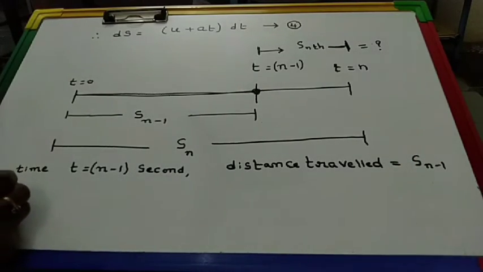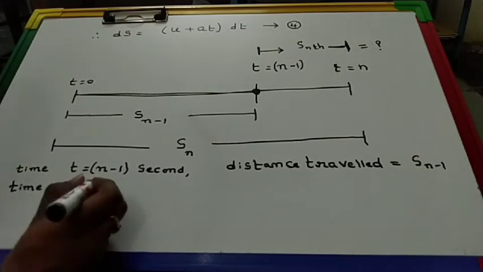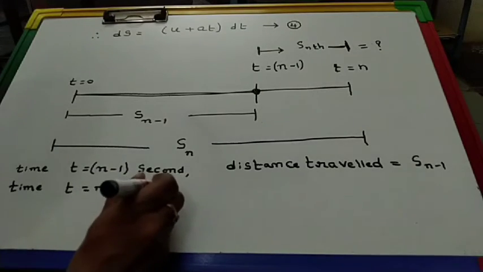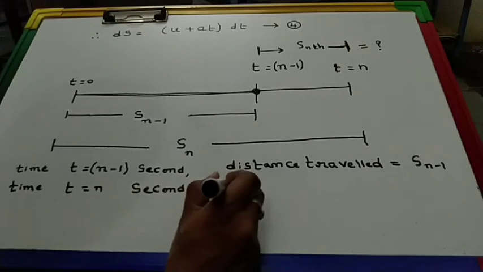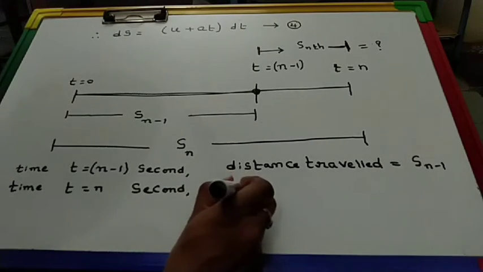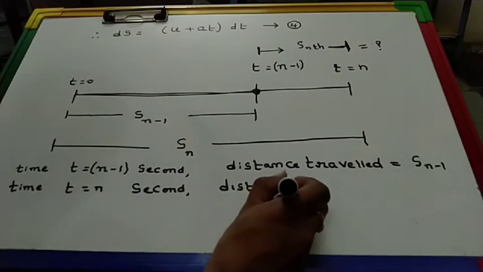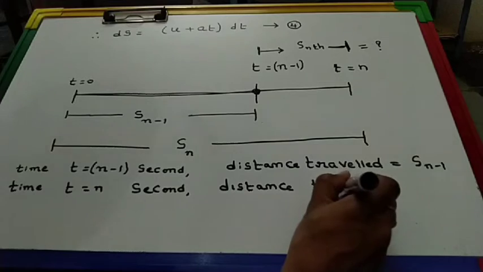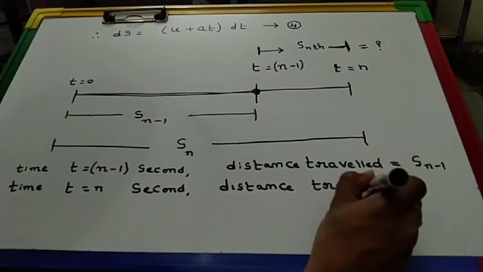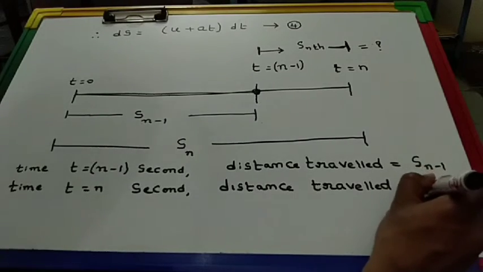If time t is equal to n second, distance traveled is equal to Sn.